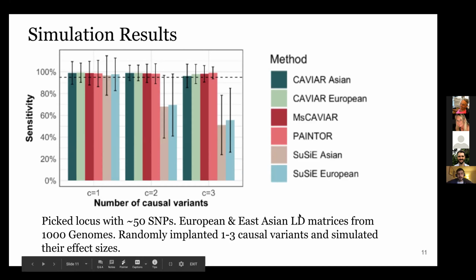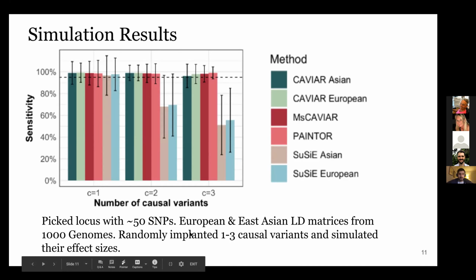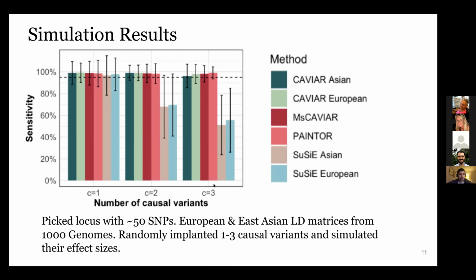So we take the LD matrices from 1000 Genomes, basically reference panel LD for European and East Asian populations. And then we randomly implanted 1 to 3 causal variants at this locus, simulated their effect sizes, and generated the association statistics based on that. And we did 1,000 trials with 1 causal SNP, 1,000 trials with 2 causal SNPs, 1,000 trials with 3 causal SNPs.